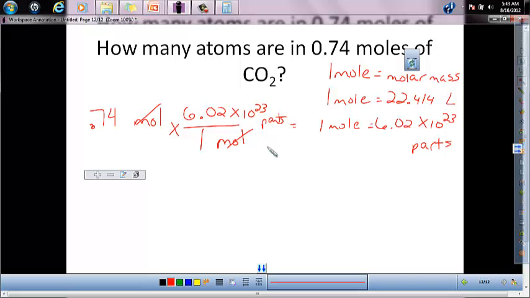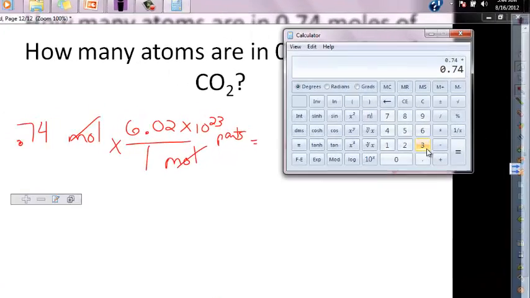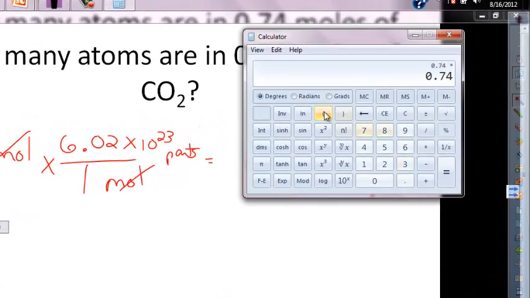Now you want to plug that big old bad boy in the calculator. I always use parentheses whenever I'm dealing with scientific notation numbers.